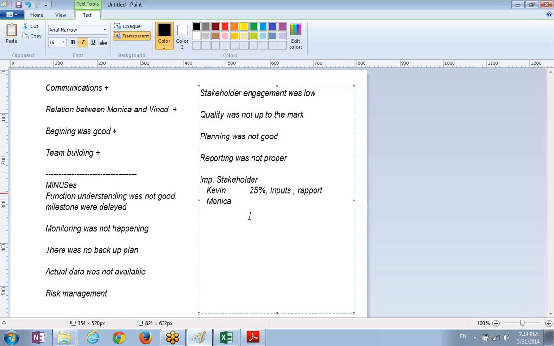Exactly. She has work experience also, good technical expertise, and good technical competency. In fact, Vinod is worrying. The biggest worry is that she has tendered her resignation. That is his biggest worry right now, because she was leading the project.